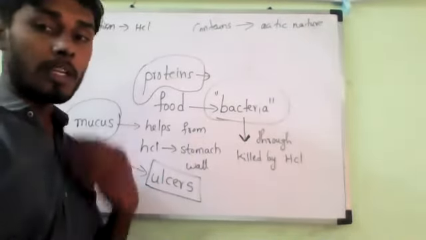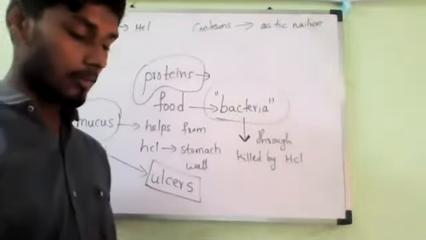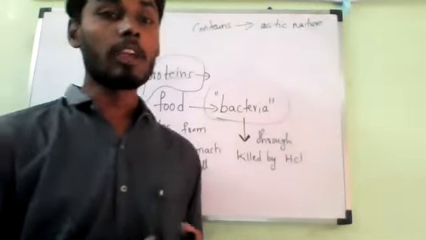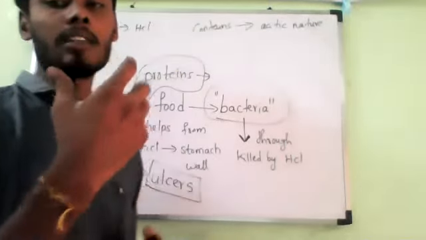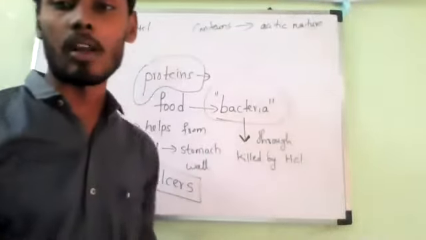Now from the stomach it will start entering our main digestive system, the small intestine, where the partially digested food enters. It cannot go directly; there is no direct valve opening from the stomach to the small intestine.